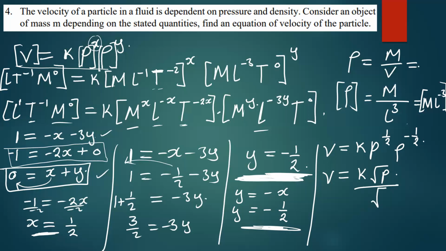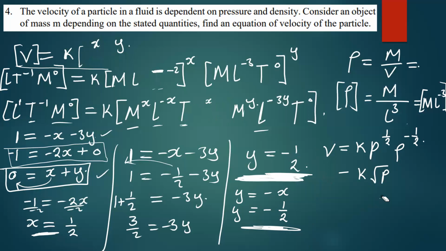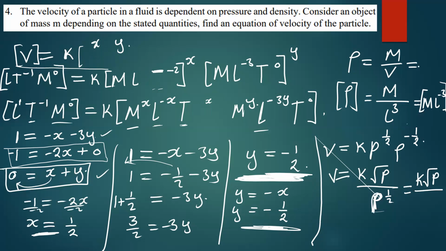Or let me just do this for the sake of understanding. So V is equal to K, we have P to the power half, and since the density is raised to the power negative half, it goes down to the denominator, so we have K root P over this one is density, sorry, not P.